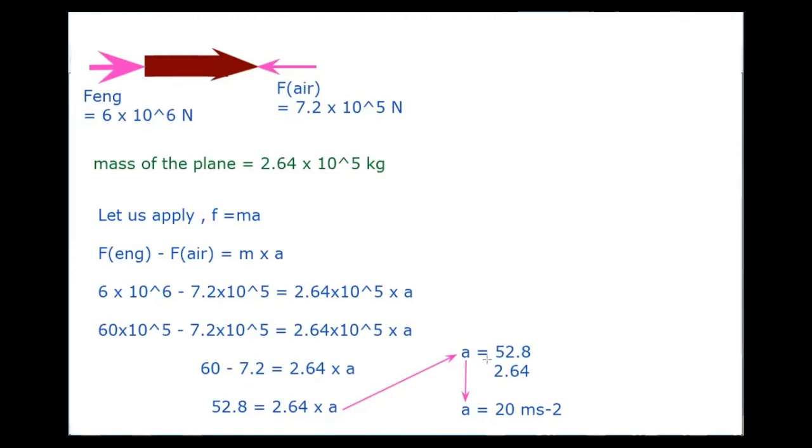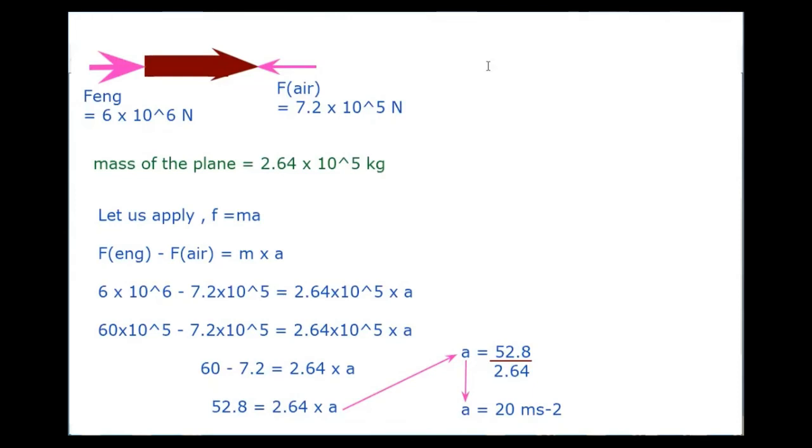Now they ask us to find the distance or time. I don't remember. Do they ask distance or time? Time taken for the aeroplane to achieve the velocity, or distance that the aeroplane should travel to achieve the velocity? Distance, sir. Distance, right.